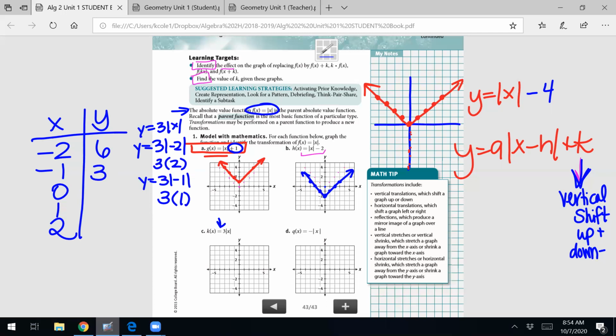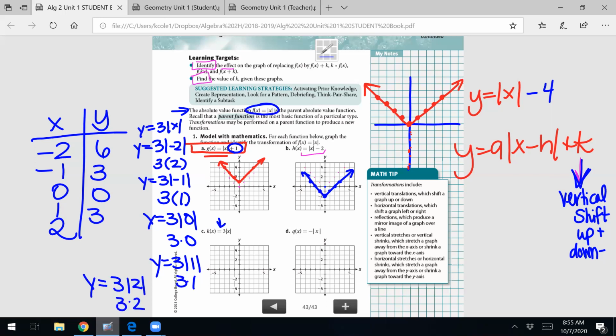The absolute value of 0 is 0, and 3 times 0 is 0. Plug in 1. The absolute value is 1, and 3 times 1 is 3. Plug in 2. The absolute value is 2, and 3 times 2 is 6.